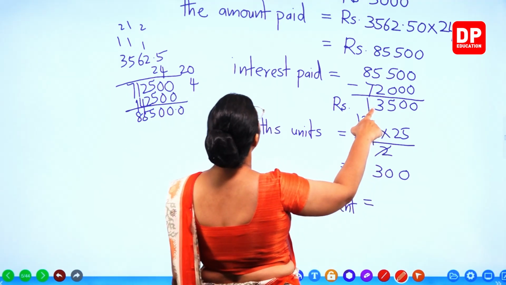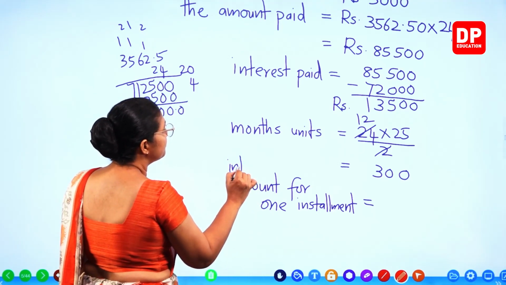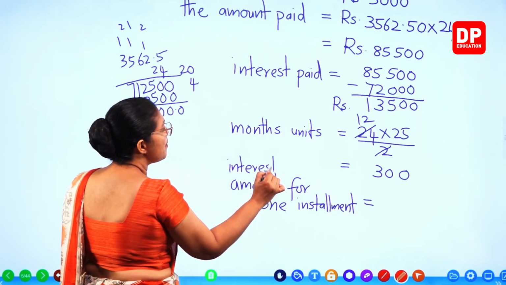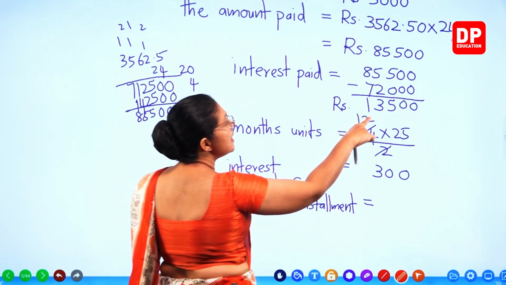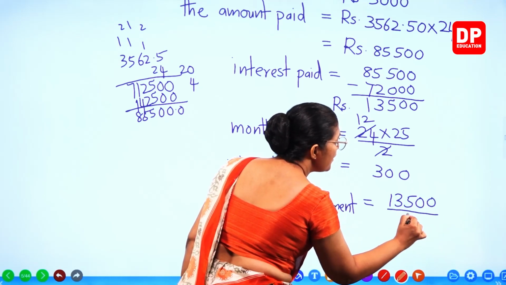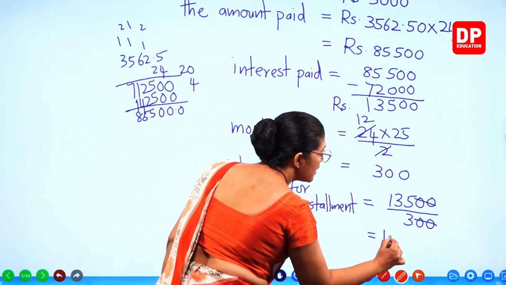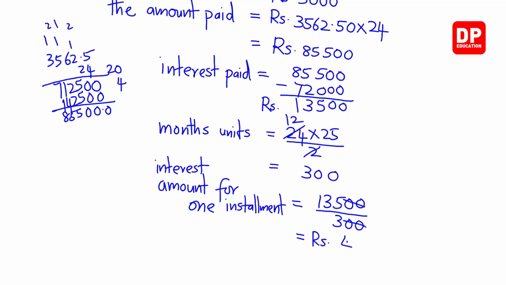Now we'll calculate the interest amount for one installment. Here, 13,500 divided by 300. Two zeros get cancelled out. That means 3 times 4, 12. 3 times 5, 15. So 45 rupees is the interest amount per installment.